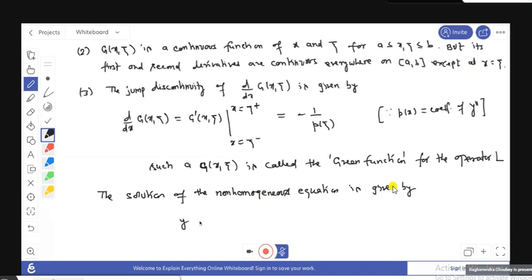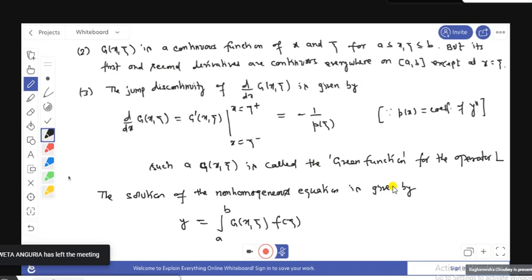The solution y equals the integral from a to b of the Green function we have already found, times f of xi. Here our operator is defined like that, L of y equals minus f of x. So we take the non-homogeneous part, which is a function of x, write it in terms of xi, and integrate from a to b.